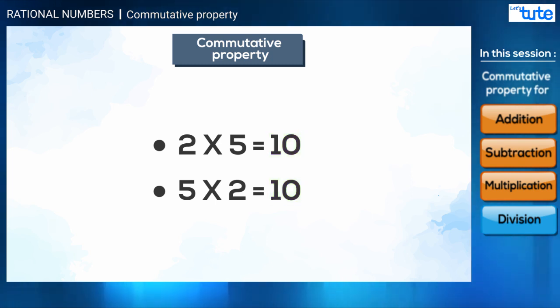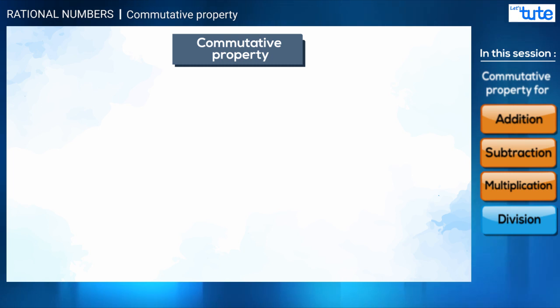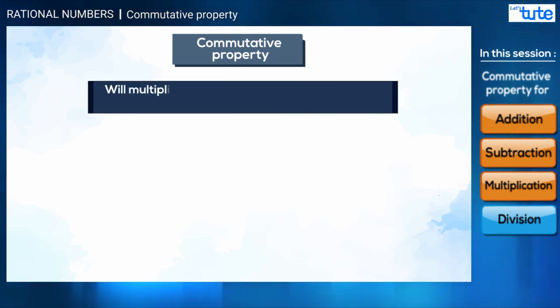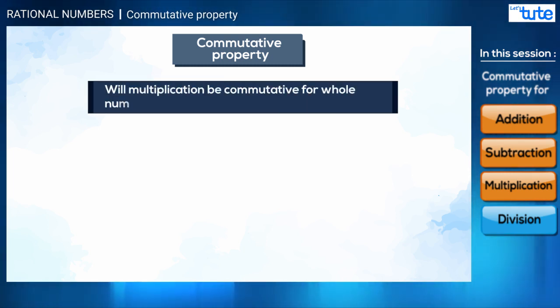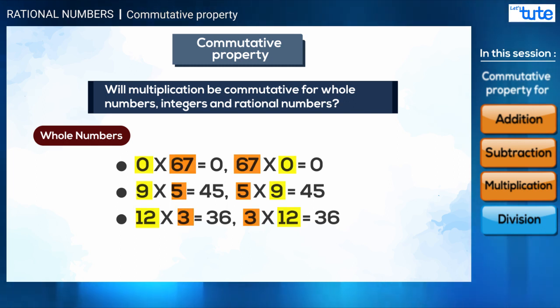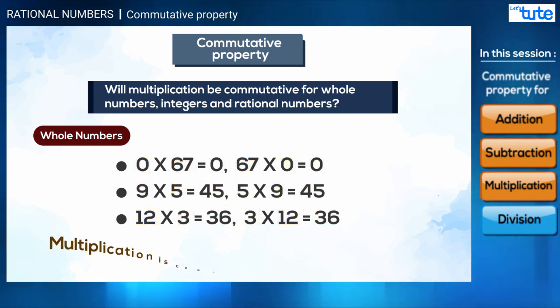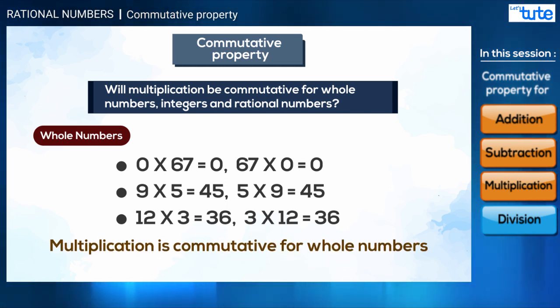Hence we say that multiplication is commutative for natural numbers. Let us now see if multiplication is commutative for whole numbers, integers and rational numbers. Here, even if the order of numbers is changed, the result is still the same. Hence, multiplication is commutative for whole numbers.